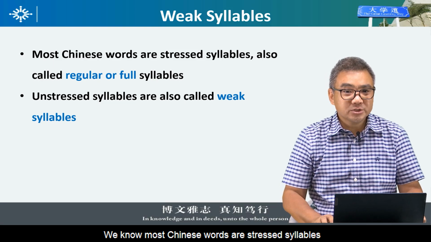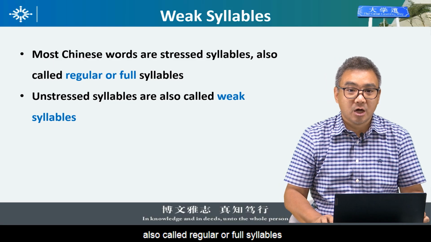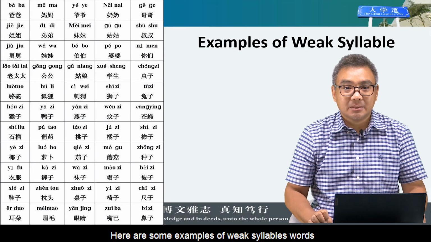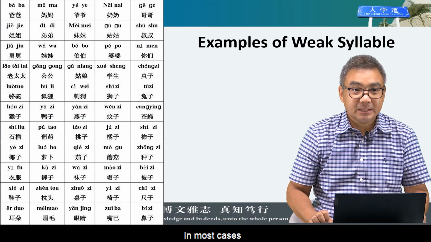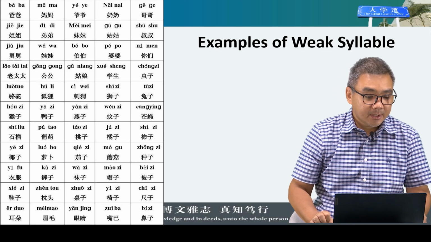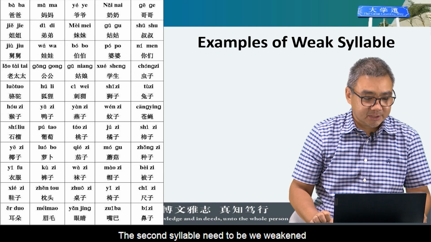We know most Chinese words are stressed syllables, also called regular or full syllables. Here are some examples of weak syllable words. In most cases, they are dissyllable words. The second syllable needs to be weakened.